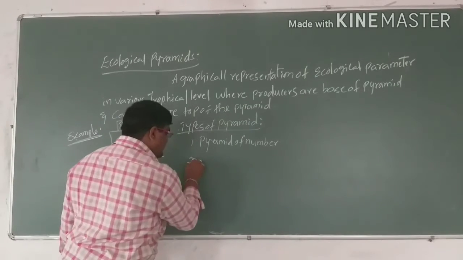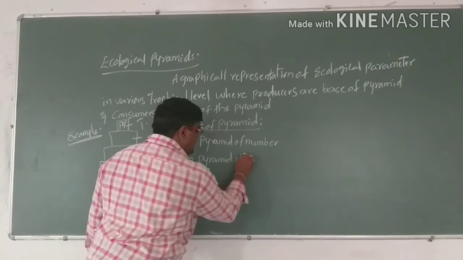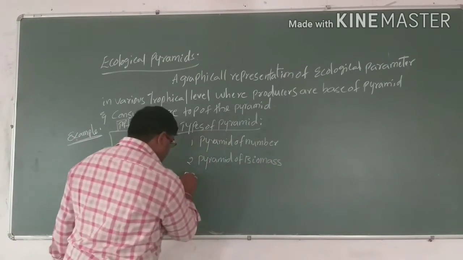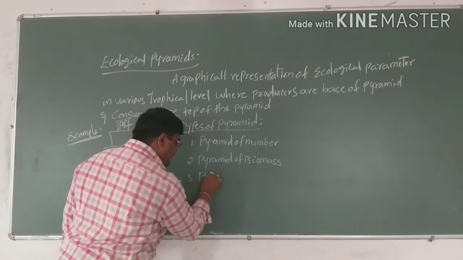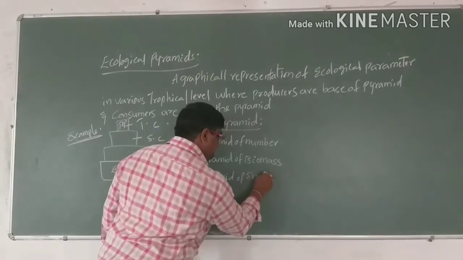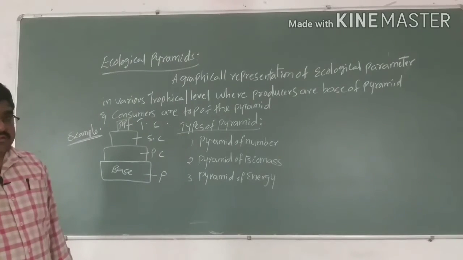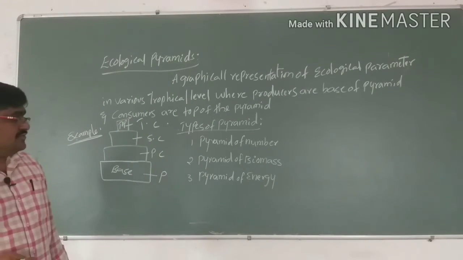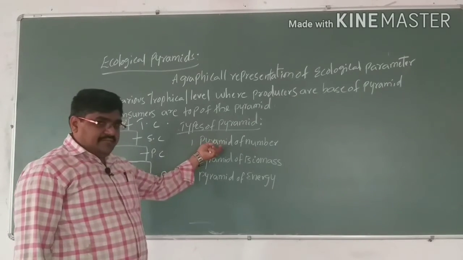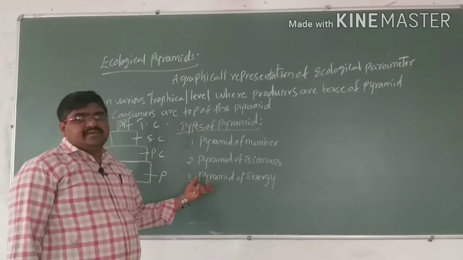Second is the pyramid of biomass. And third is the pyramid of energy. So these are the three types of pyramids: pyramid of number, pyramid of biomass, and pyramid of energy.